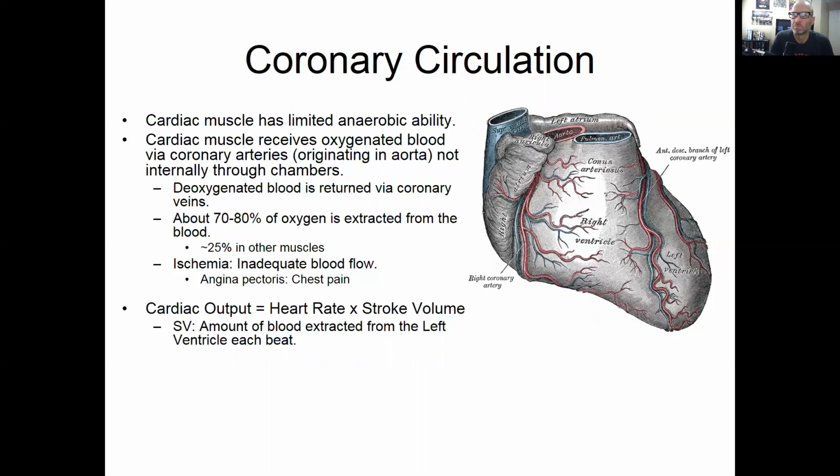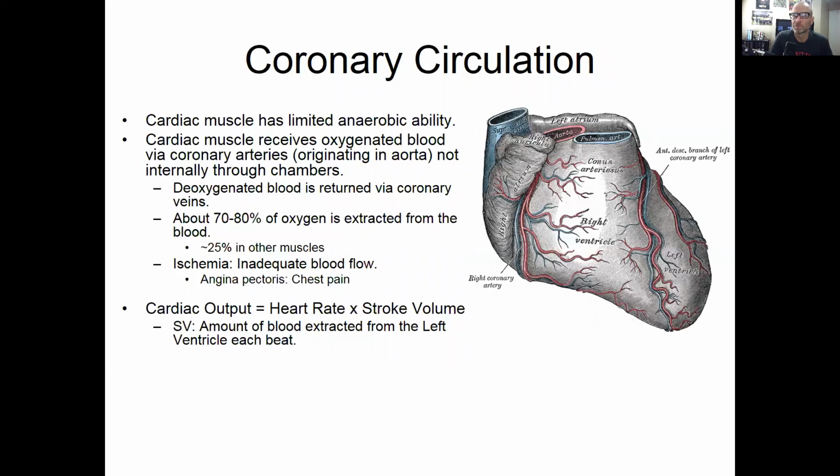Ischemia is inadequate blood flow, as I mentioned, and it can cause angina pectoris, which is chest pain. And we see that a lot in cardiac rehab, and we try to watch for that, because if someone complains of some pain in their chest or maybe some pain radiating down the arm, we immediately lower the exercise intensity to reduce the demand on the heart to pump oxygenated blood out to muscles.